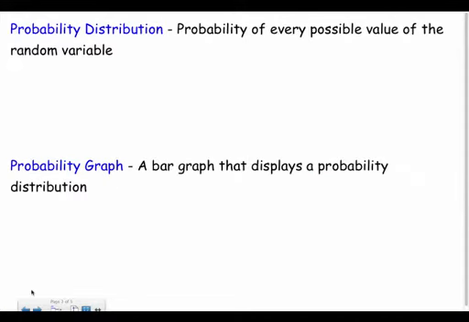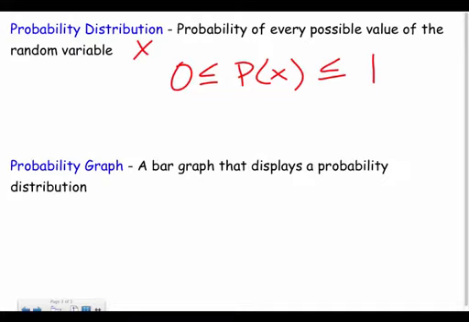The other thing that we're going to be doing is we're going to take a look at the probability distribution. Well, we just said that we could use x for an event. So the probability of x has to fall between 0 and 1. And hopefully, I think you've talked about this maybe a year or 2 ago.